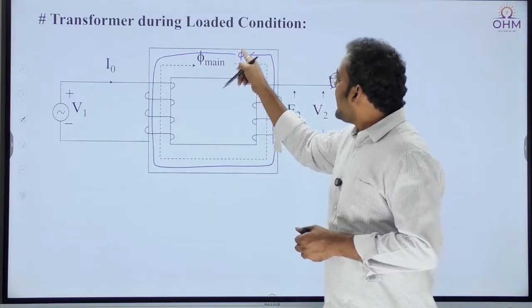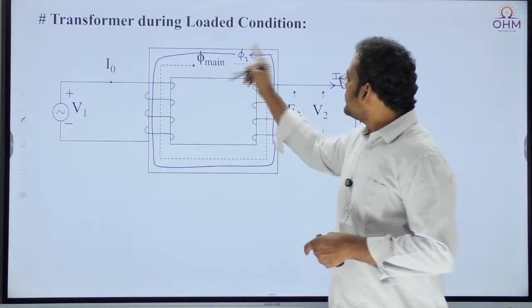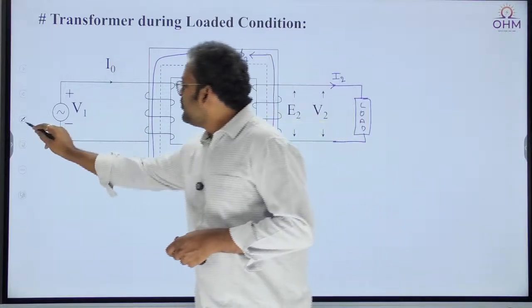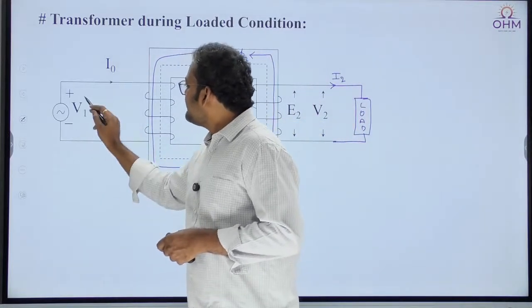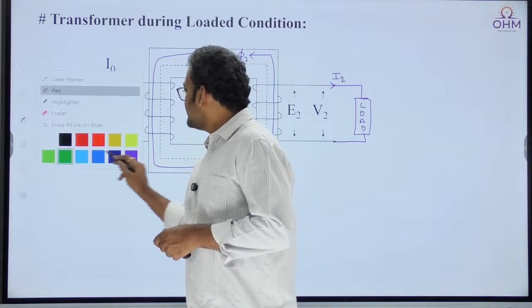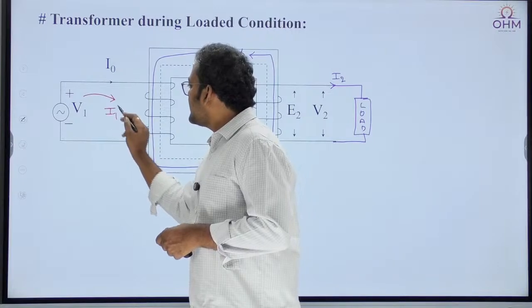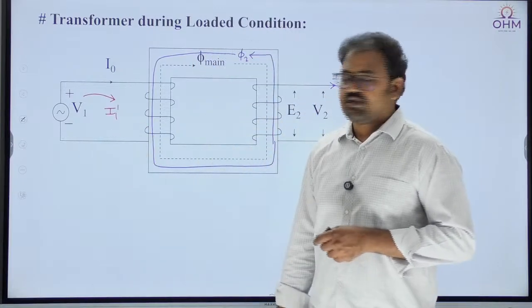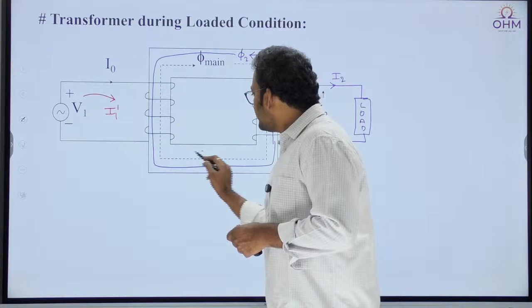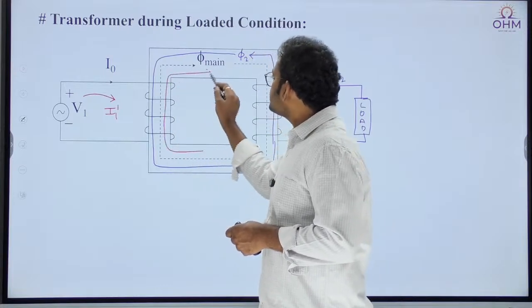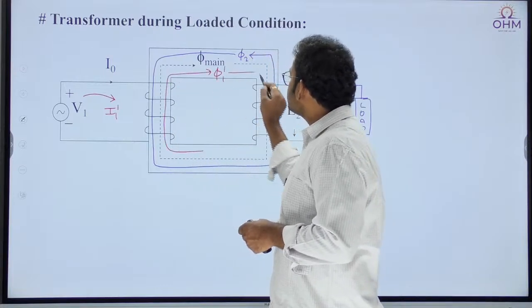In order to neutralize this phi2, one more current will be drawn by the primary winding. We call that current I1 dash. So this I1 dash will create one more flux known as phi 1 dash.